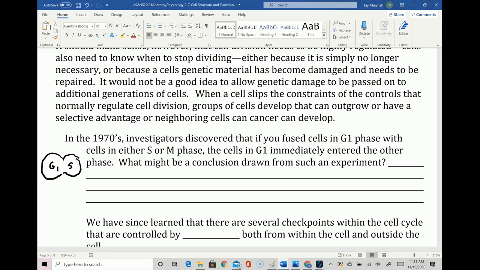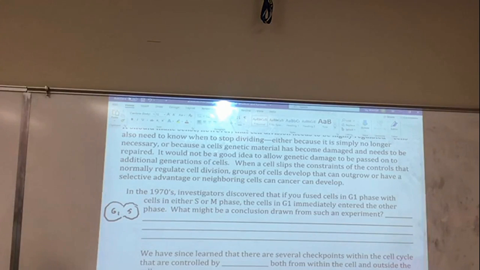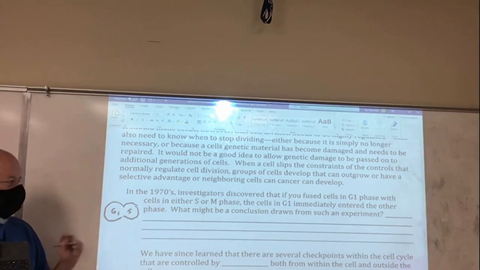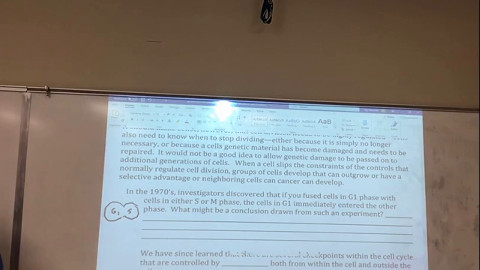If I fuse this cell with this cell, and this cell immediately enters the S phase, what might it suggest happened? Think biologically here. Think outside your boxes. What might have happened here? No one? No one wants to hazard a guess?